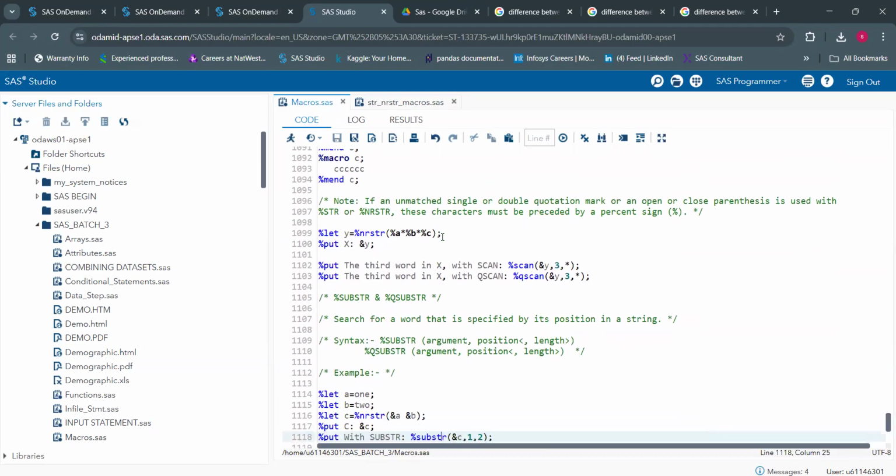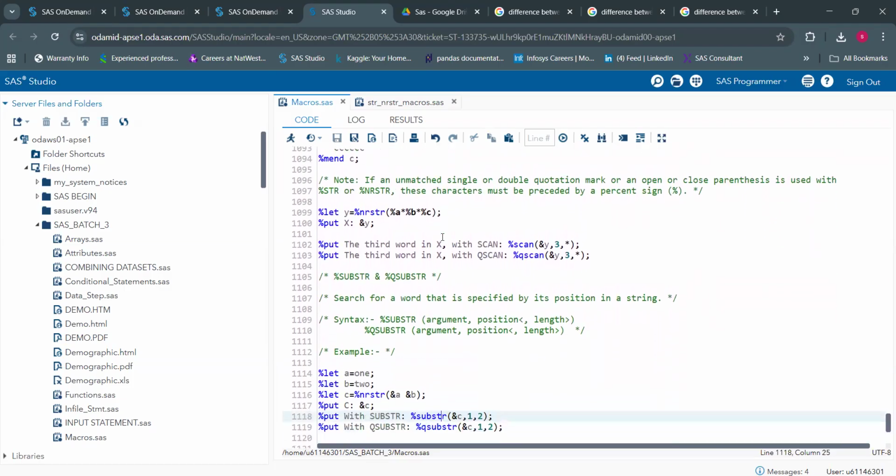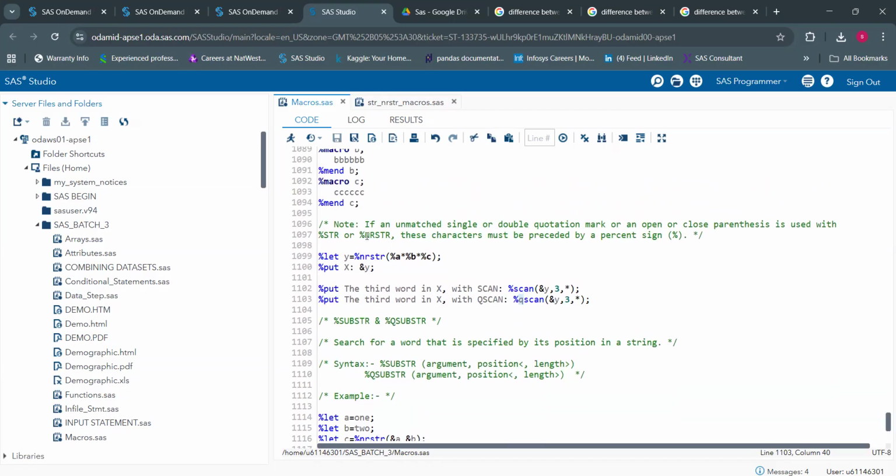This is what happens with everything: Q scan, normal scan, percentage substring. Whenever it sees a percentage or ampersand, it simply tries to resolve the value. In order to avoid those scenarios, we use Q scan, Q substring. We have NRSTR.